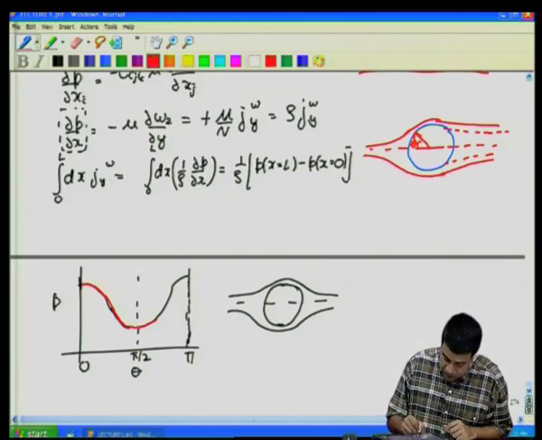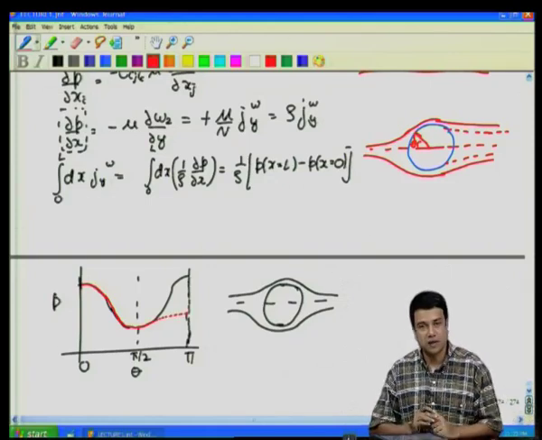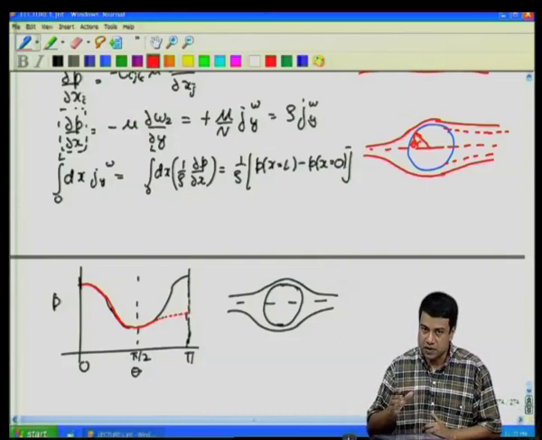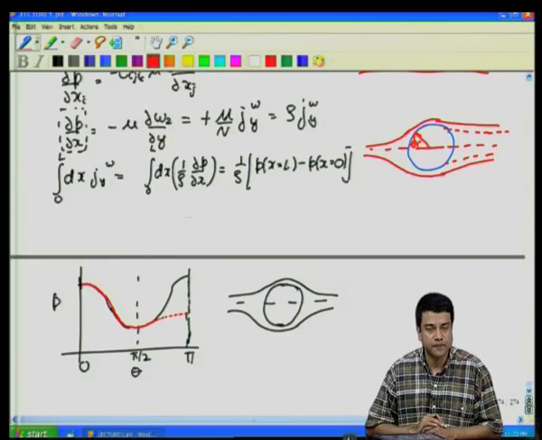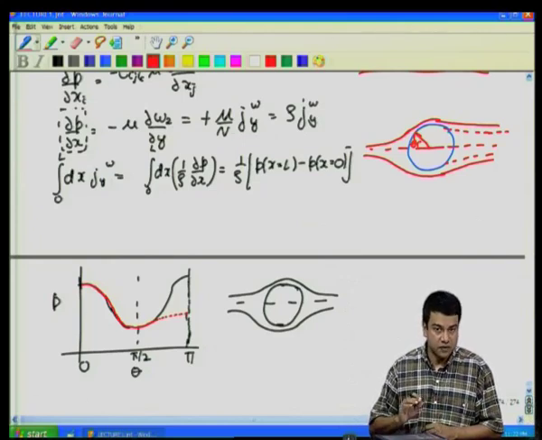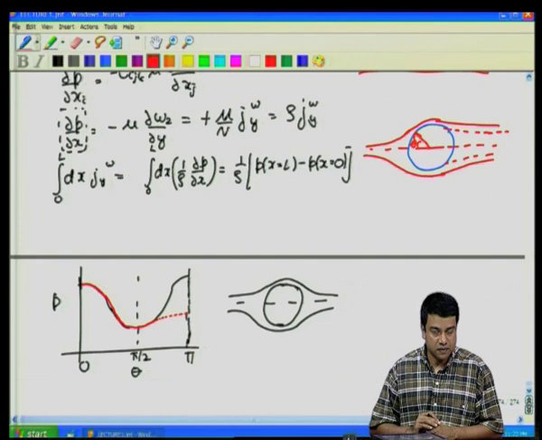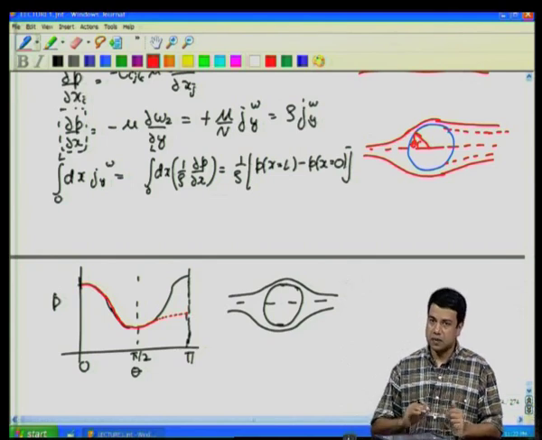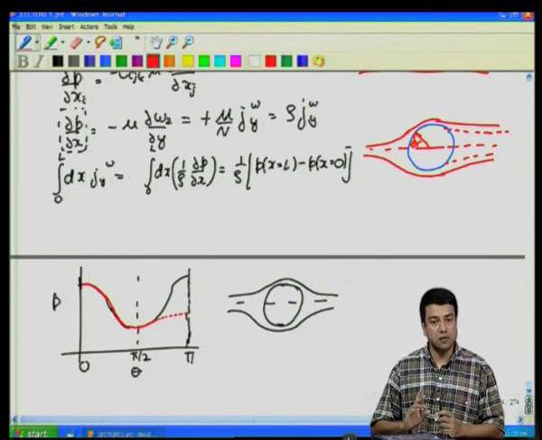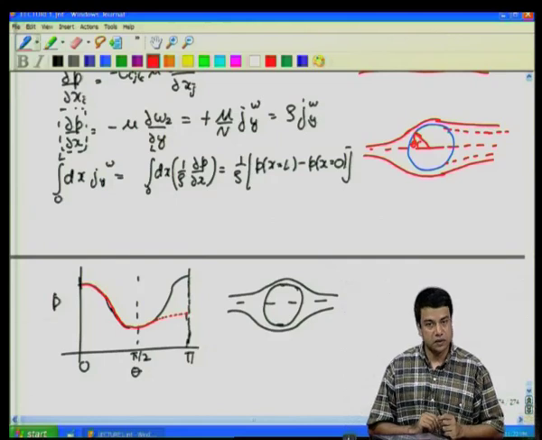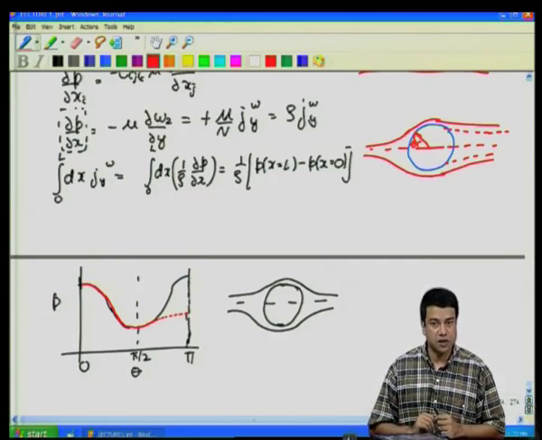On the downstream side, at some point there is separation, and the pressure never recovers back to the original value that it had on the upstream side. So, if you plot the pressure going around the cylinder, you find that it decreases as in potential flow on the upstream side, but it does not recover back to the original pressure predicted by potential flow on the downstream side.